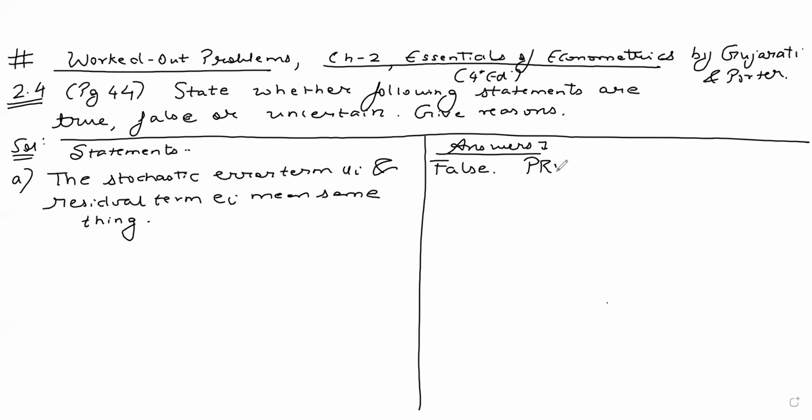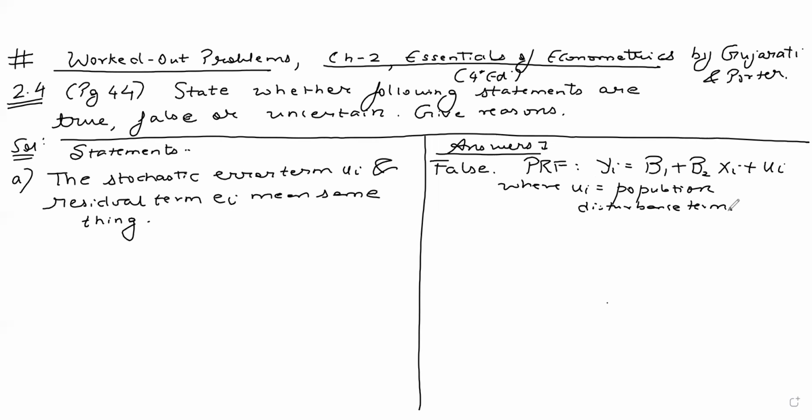Because if you look at the population regression function, it is yi equals capital B1 plus capital B2 xi plus ui, where ui is the population disturbance term.